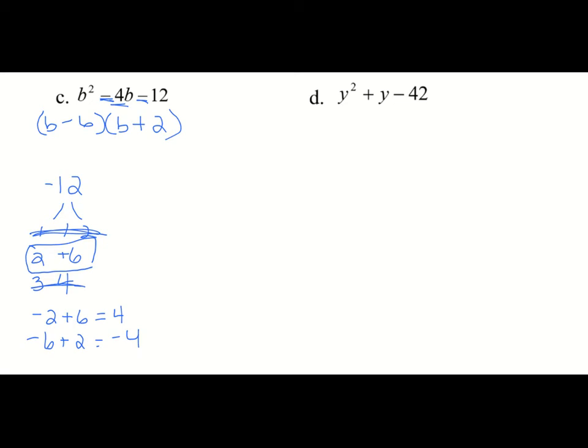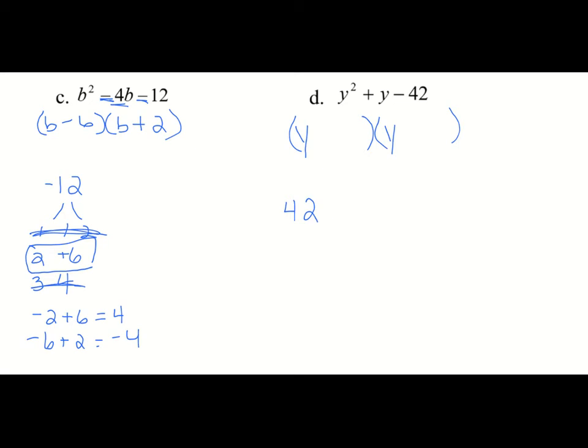All right, now let's look at D. y squared plus y minus 42. Again, no GCF. I have two different signs, so because I don't have two plus signs, I do need to look at those signs. I know C needs to be 42, and it also needs to be negative.